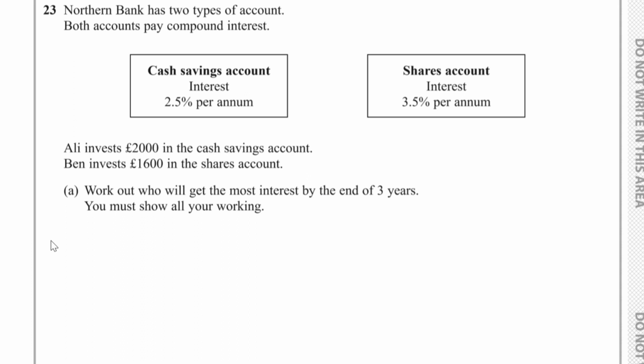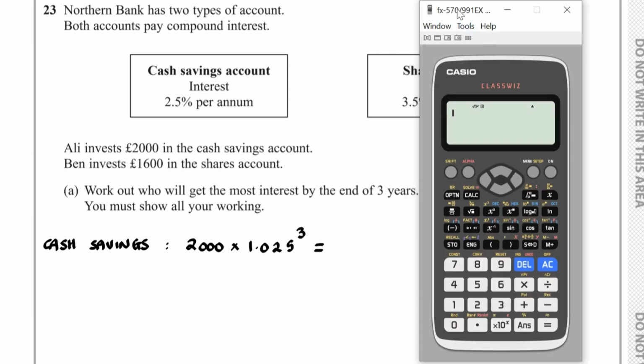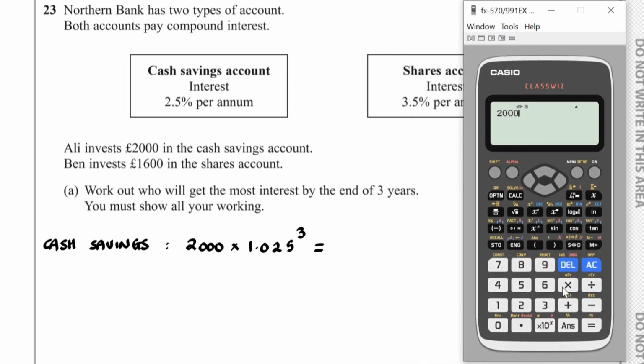Well, let's consider the cash savings. What we have is £2,000 being invested, and if I multiply this by 1.025, because that's the interest rate per annum, and then because I'm investing for 3 years, I raise this to the power of 3, and if I work this out, it turns out we get 2,153.78.